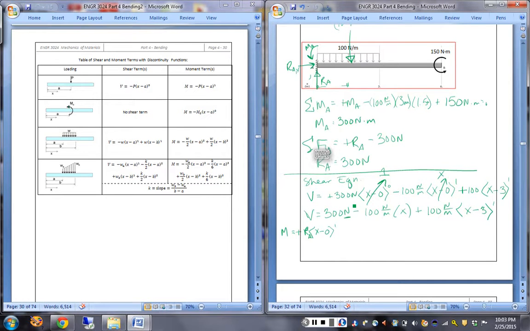Then we also have at X equals 0 the moment reaction at A. If we look at the second row in the table, we have a counterclockwise moment in the table, which corresponds to a minus m sub 0 term for the discontinuity term. That matches the situation that we have, so we'll have a minus MA times X minus A equals 0 to the 0.